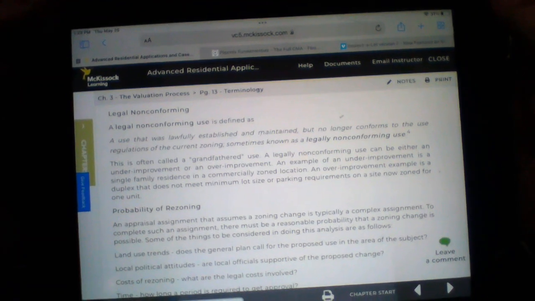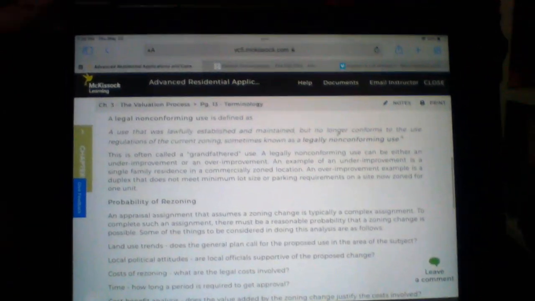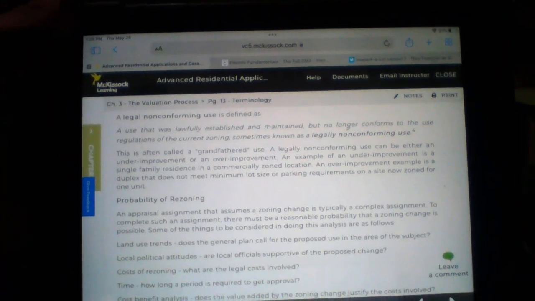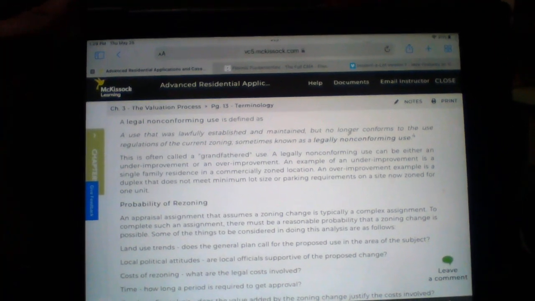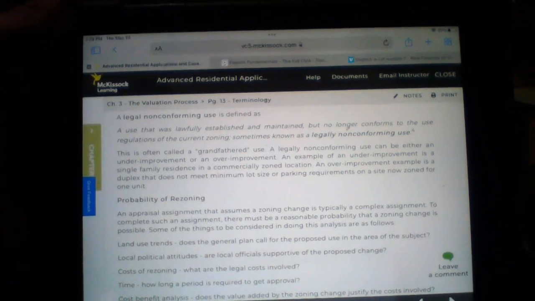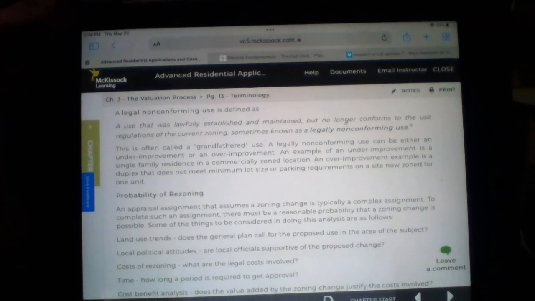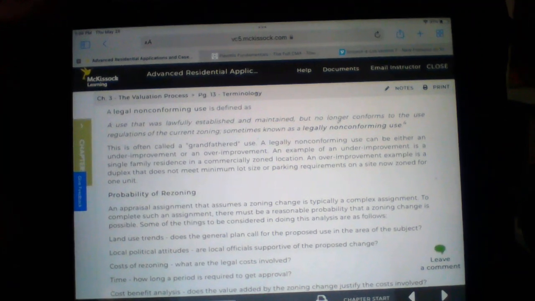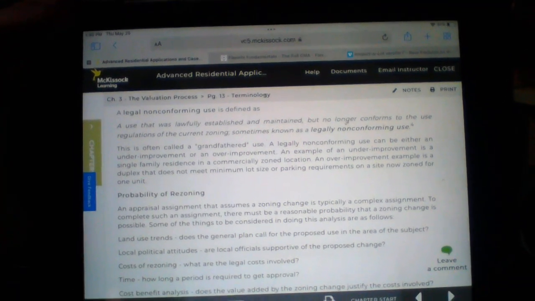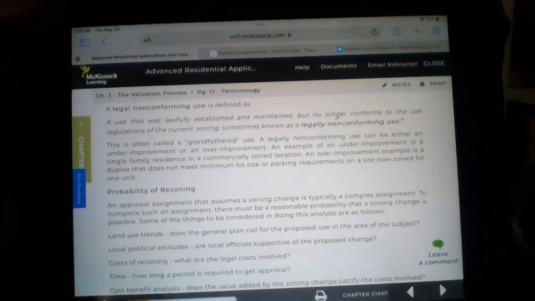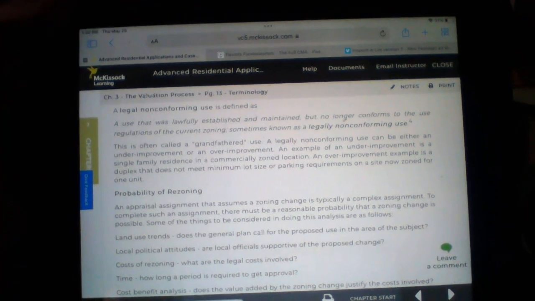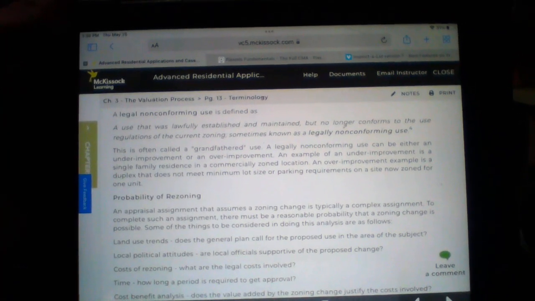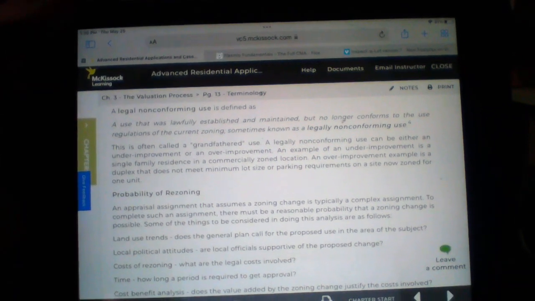Legal non-conforming. A legal non-conforming use, that's highlighted, is defined as a use that was lawfully established and maintained, but no longer conforms to the use regulations of the current zoning, sometimes known as a legally non-conforming use.